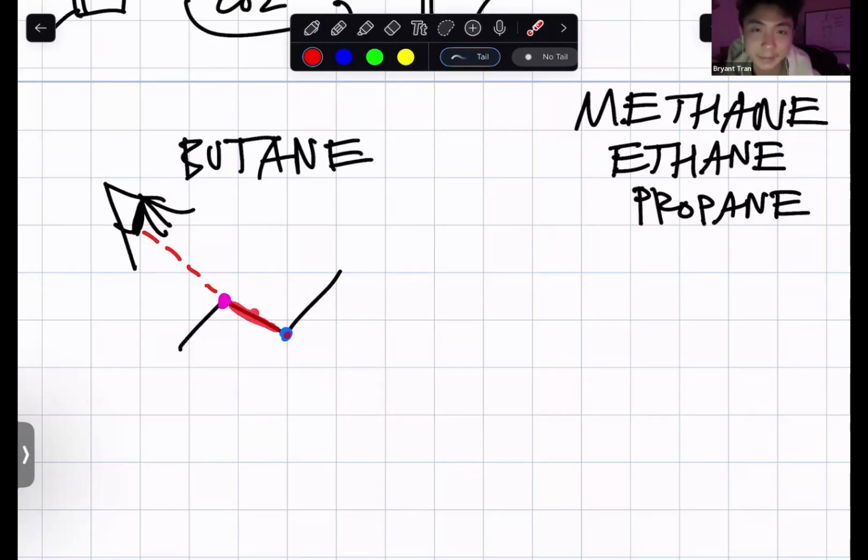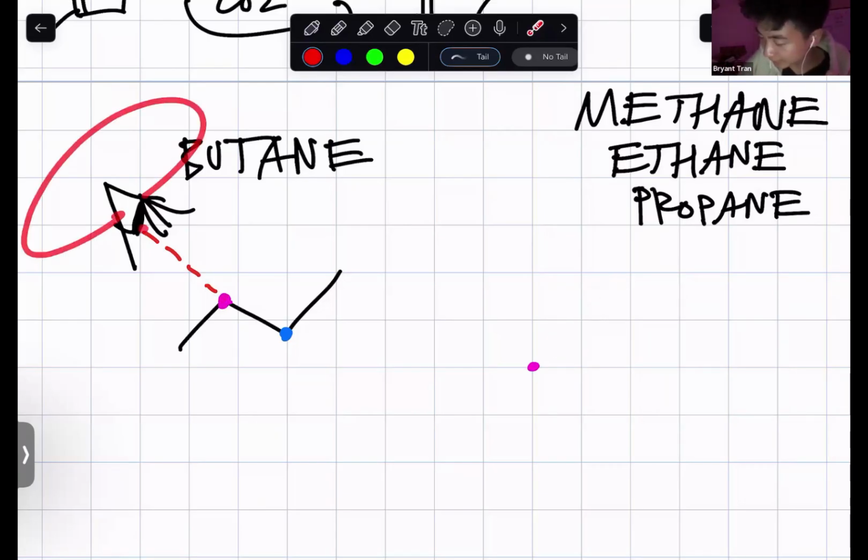You can't see it because the pink carbon is in front of it. In the Newman projection, this pink dot that I just drew is the pink carbon that you see. So imagine your eyes are over here, looking down the molecule this way, at the pink carbon directly, which is this pink dot.